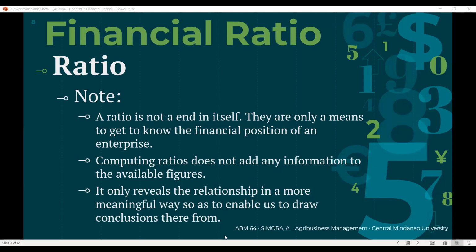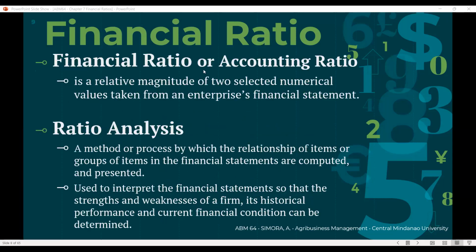Okay, so let's continue. So we have financial ratio here or accounting ratio. So again, relative magnitude of at least two selected numerical values taken from an enterprise financial statement. So at least two selected numerical values. So for example, sales is to expense, depreciation is to assets, current asset to current liabilities, and so on and so forth.